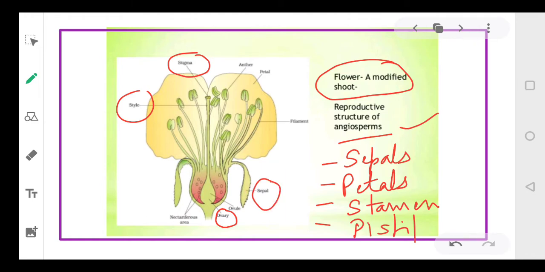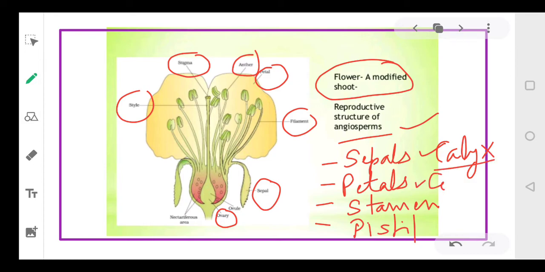Sepals, petals, anther, filament. Sepals are collectively called calyx. Petals are called corolla. Stamen is called androecium. Okay, what is stamen called?